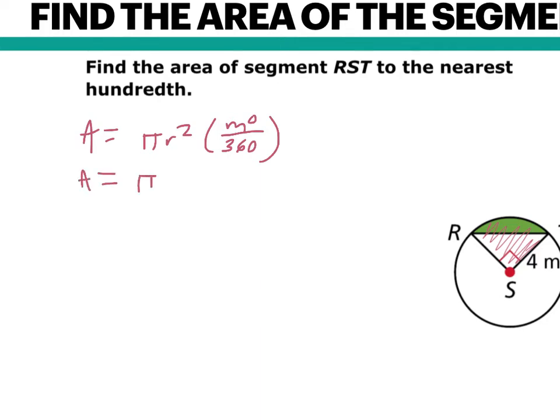So we have pi, our radius is 4, and our measure of the arc, it has that little box, so that means it's 90 degrees. So 90 over 360. And now I'm just going to put all this into the calculator and find out what our area of the sector is.